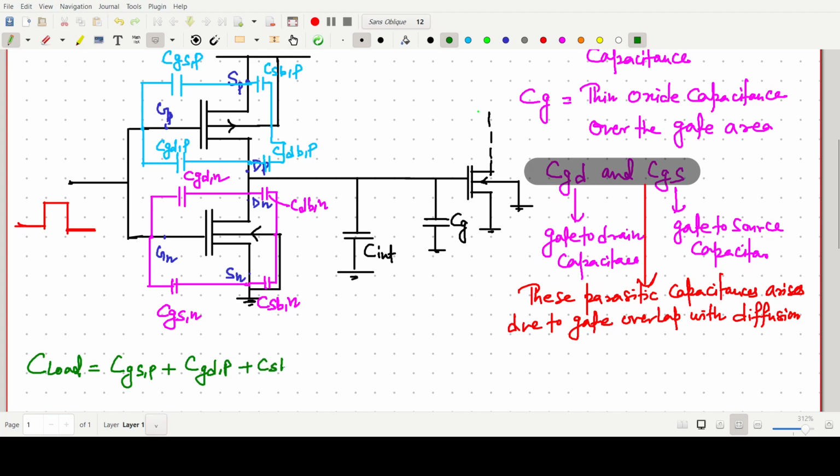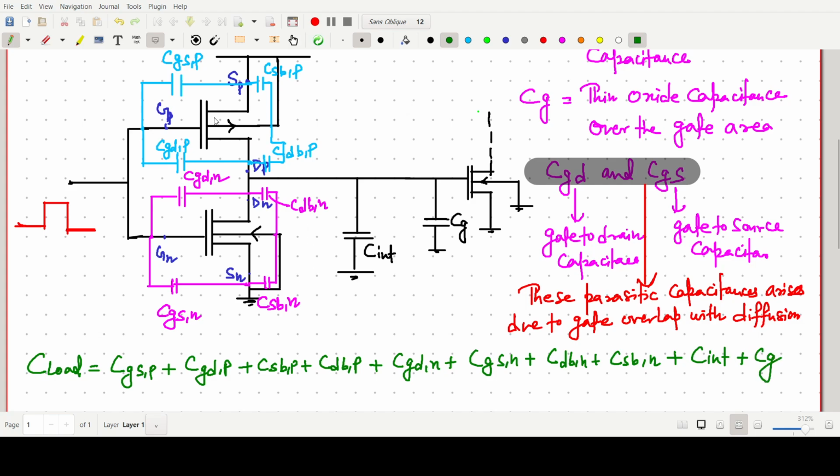plus CSB of P plus CDB of P, all four capacitances, plus CGD of N plus CGS of N plus CDB of N plus CSB of N plus C intern plus CG.